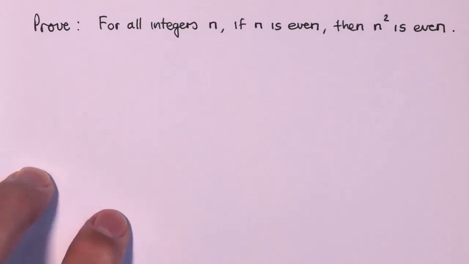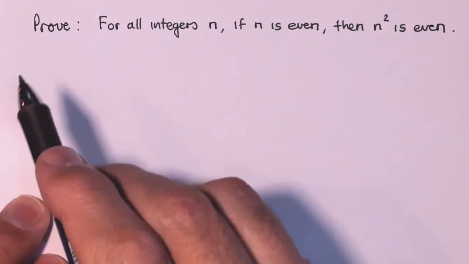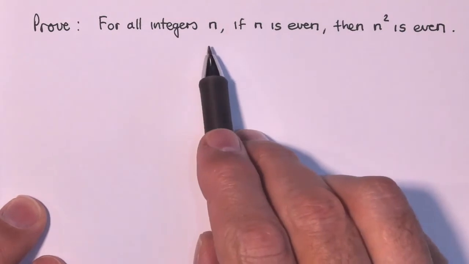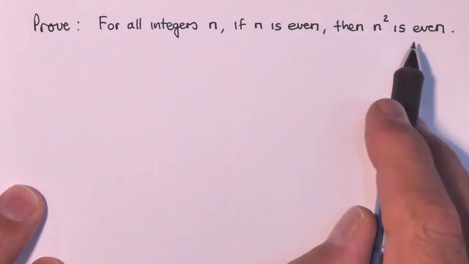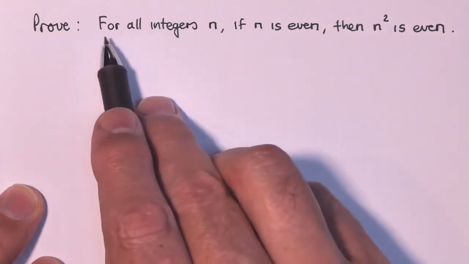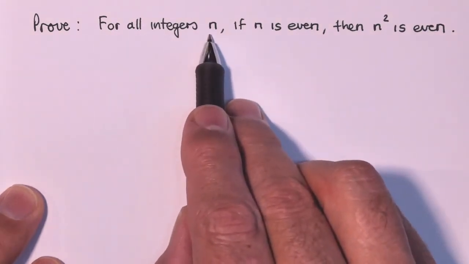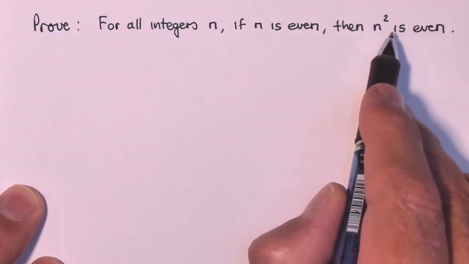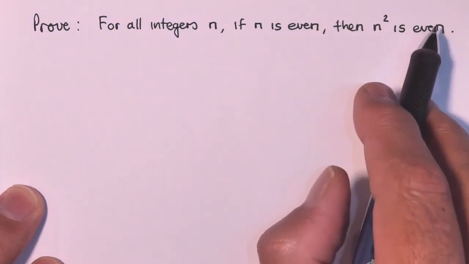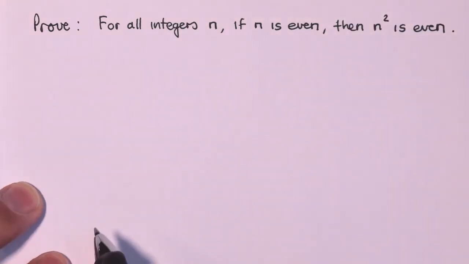Our first proof that we will focus on asks us to prove the following: for all integers n, if n is even, then n squared is even. Okay, so it's a universal statement. Let's talk about the structure of the proof.